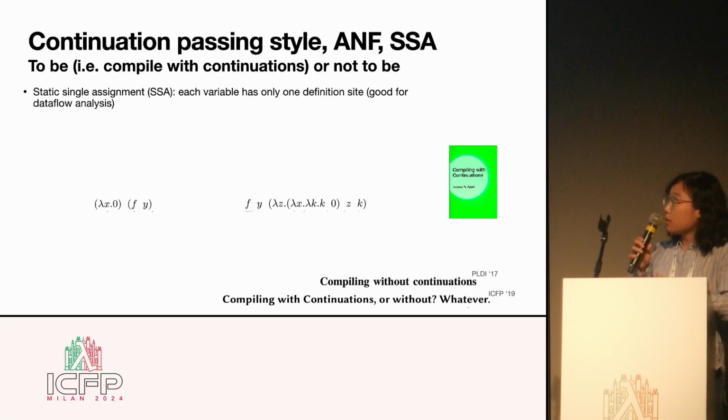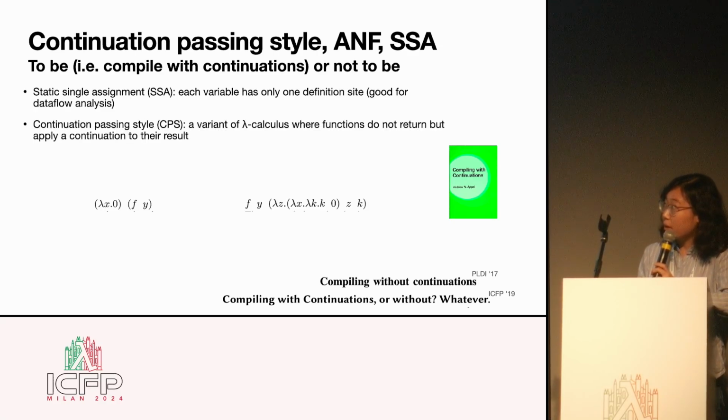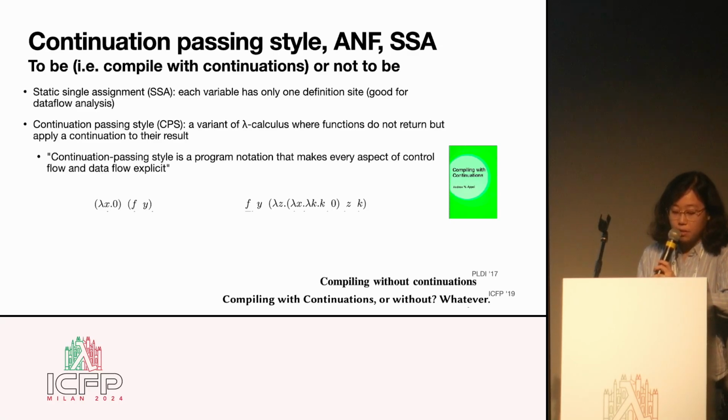These are classic ideas that have been researched for decades at this point. There are forms such as SSA, where each variable has only one definition site, which is good for data flow analysis, used for IR such as LLVM IR. There is also the commonly used continuation passing style, a variant of lambda calculus where functions do not return but apply a continuation to their result.